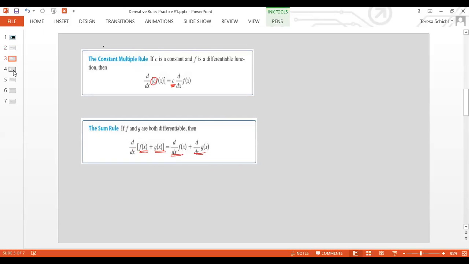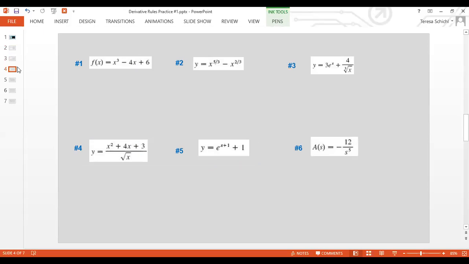Now we have had this very brief review of what you learned, so let's try to practice. For this one, f prime of x will just be, using the power rule, bring the 3 to the front. The power is 3 minus 1, and then minus 4 times 1, because this is x to the first power, so it becomes 1 minus 1.